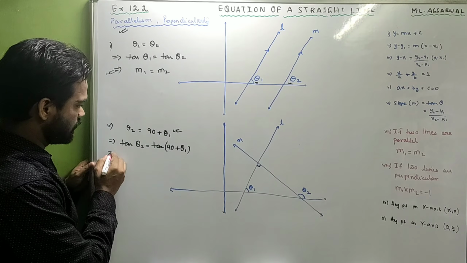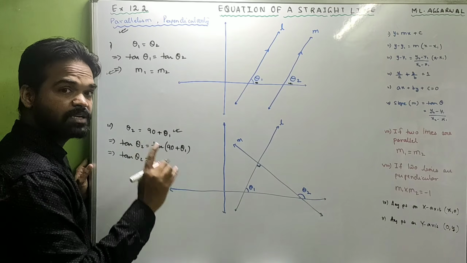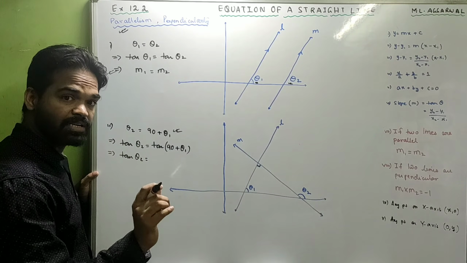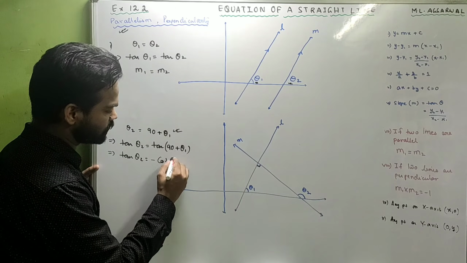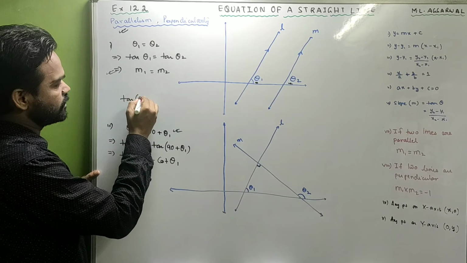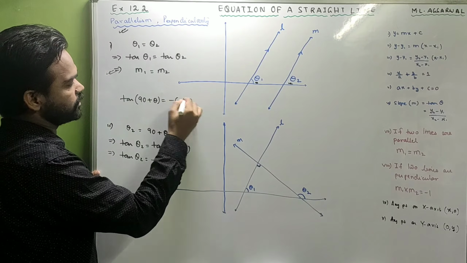Now look carefully. We just need to remember one thing. Tan (90 plus theta) is nothing but minus cot theta, which means this will be minus cot theta 1. This we will study in class 11. Tan (90 plus theta) is equal to minus cot theta.